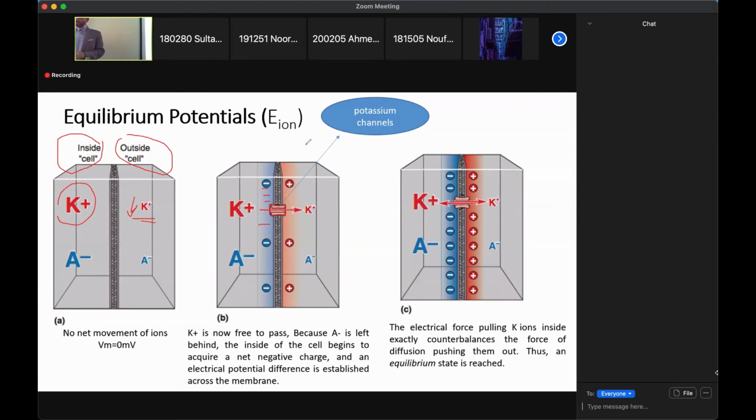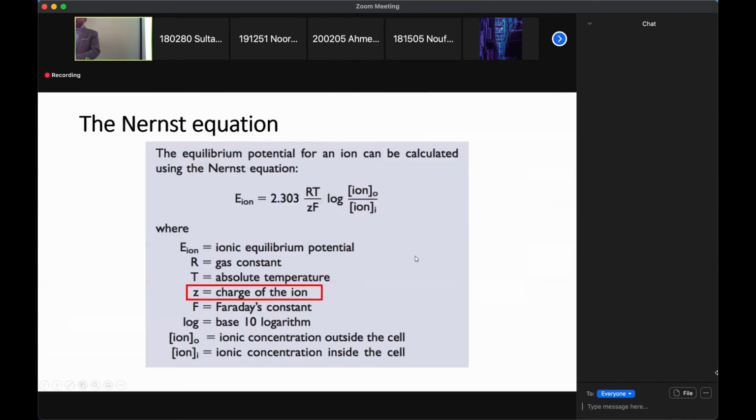Now, the equilibrium potential can be calculated by an equation called the Nernst equation, which is the following.